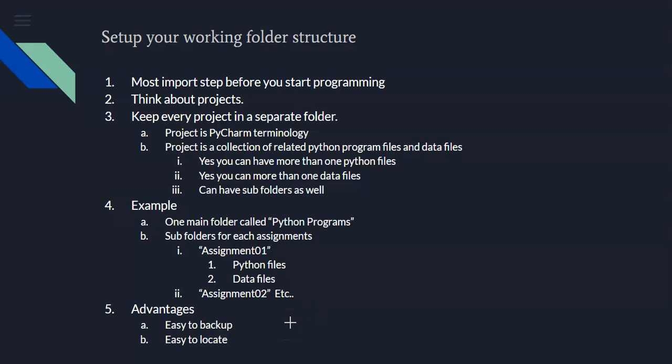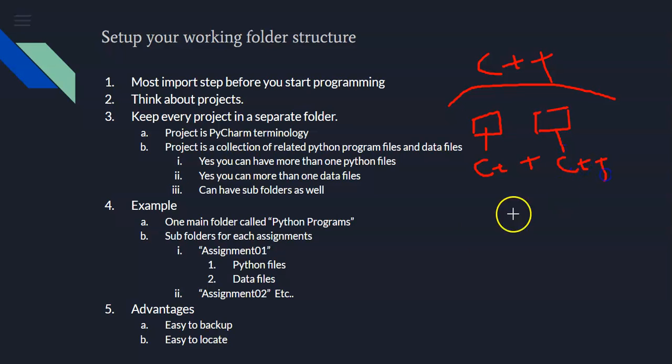Now assume that in your course you're doing multiple programming languages. You can create one more main folder, for example C++, and underneath you can have each subfolder as a project. You can have a subfolder for your assignment 1, where you can have multiple C++ files, and one more subfolder for your second assignment with a number of C++ files.